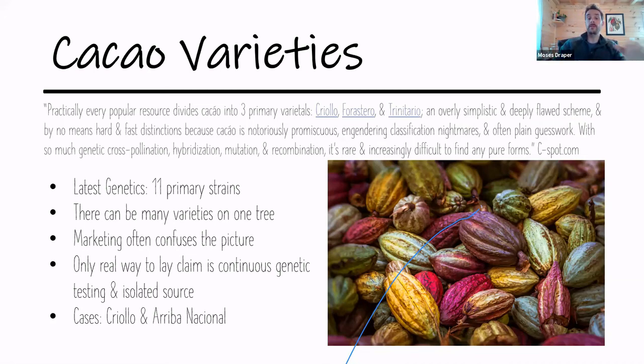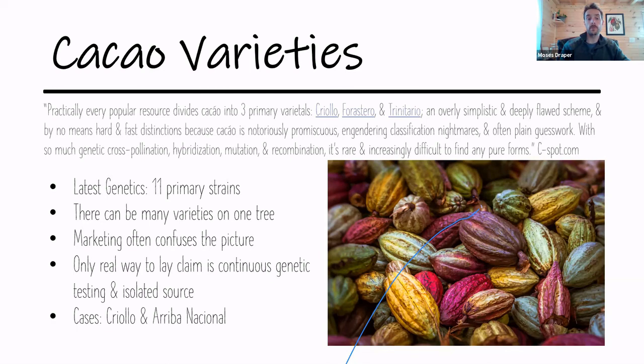You can find many different varieties on one tree. And so really for any claims that someone has a particular variety that they're selling, say Criollo or Arriba Nacional, to back that up would take continuous genetic testing at the source to verify that.